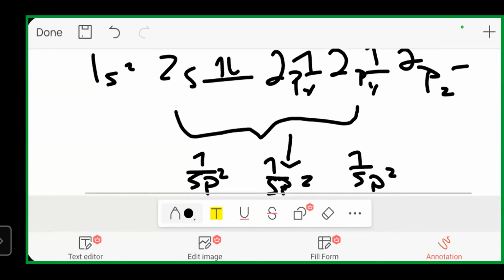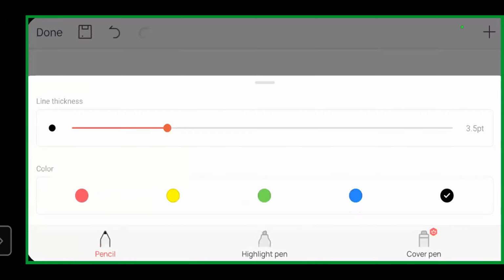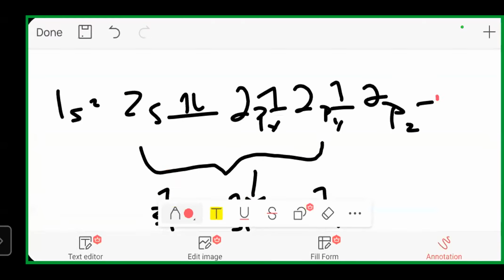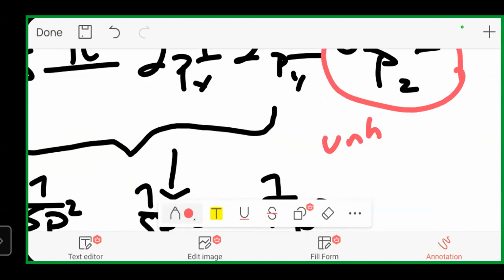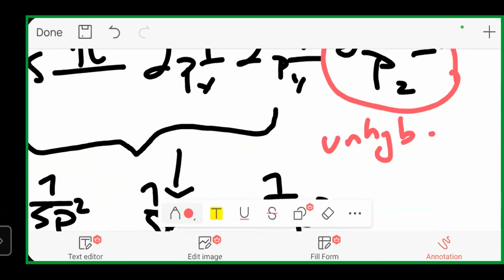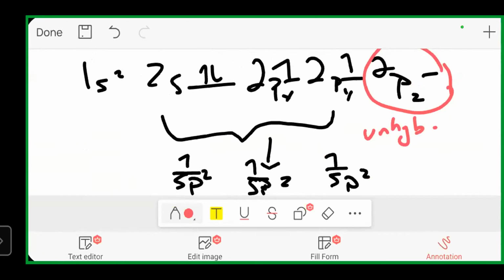And then this p orbital down here stays what we call unhybridized. We're going to leave it unhybridized, and it's still a p orbital and also has an electron in it.